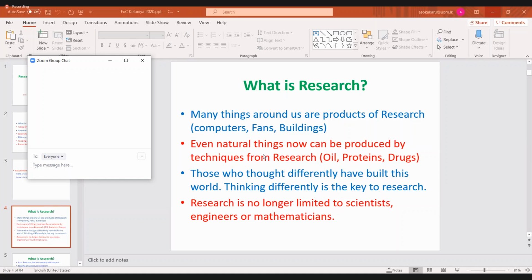The Wright brothers thought, why can't we fly like birds? Then Faraday, who thought about electricity. George Stephenson, the steam engine, right? So if you want to be a successful researcher, you should have the capacity to think differently from the other people.